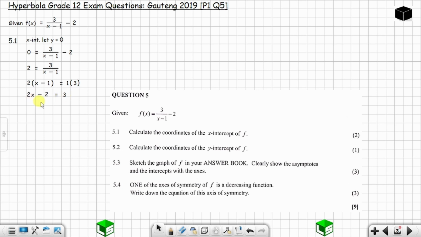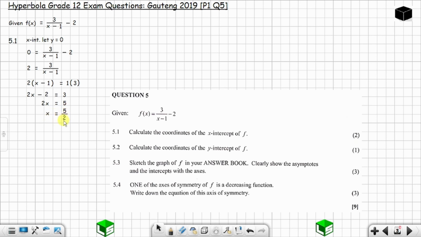Now you have 2x. This is equal to, when you take negative 2 to the right, 3 plus 2. This is equal to 5. Now divide by 2 on both sides so that you can solve for x. You have x equal to 5 over 2. So the x-intercept is at x is equal to 5 over 2.